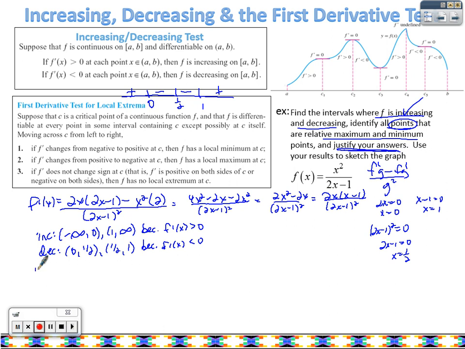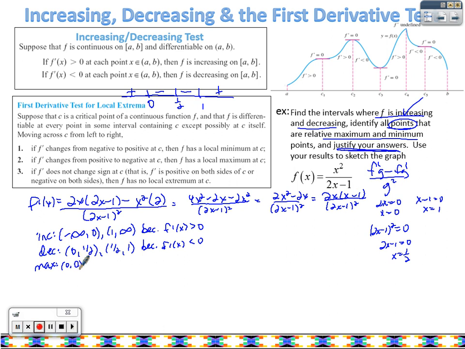So our maximum, let's look at our sign chart. Our maximum would be where we go from increase to decrease. So right here, we have a maximum at x value of 0, but we want the point. So where do we go? I go back to the original. So I sub a 0 in here, and I get 0.